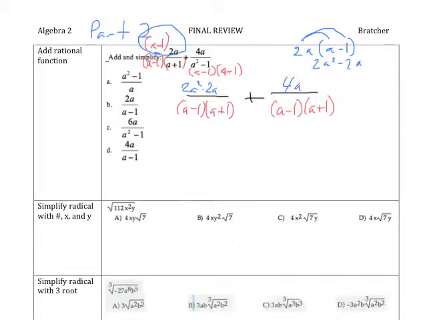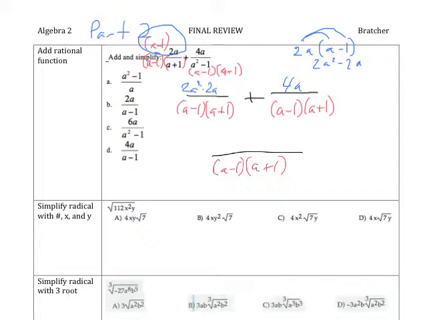All right, at this point none of those answer choices are standing out to me, but we can do a little bit of simplification now. We can turn this into one fraction with the common denominator of a minus 1 times a plus 1.